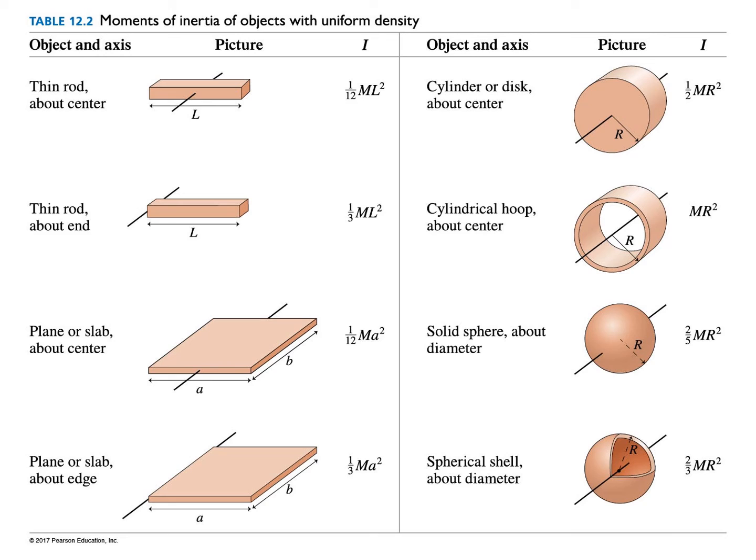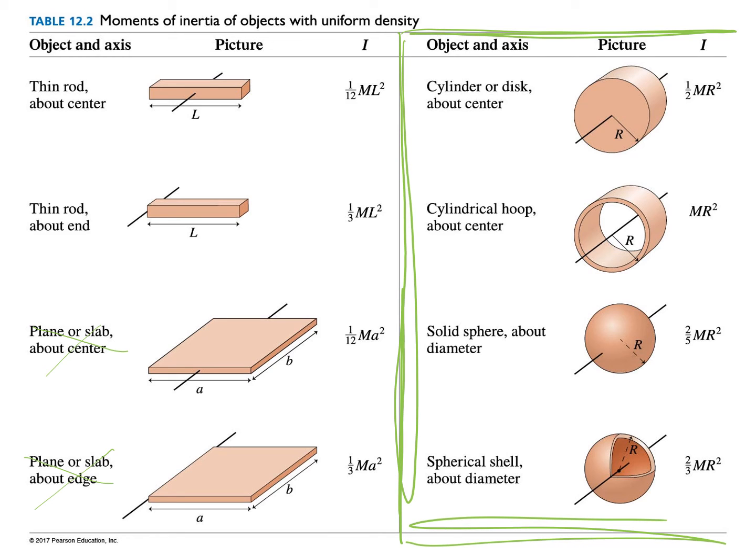Now, if we're being realistic, we're probably not going to be using the planar slabs. Not very many of those examples exist in this textbook. We are most likely going to be focusing on this right side of the table.